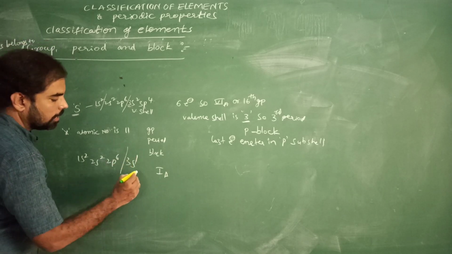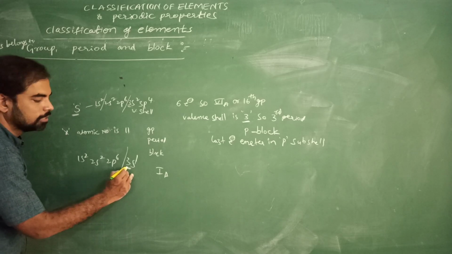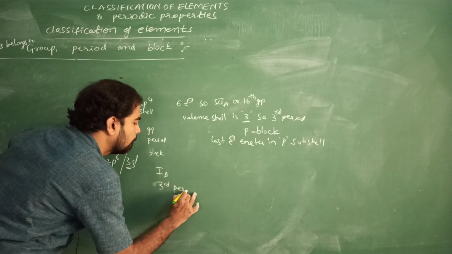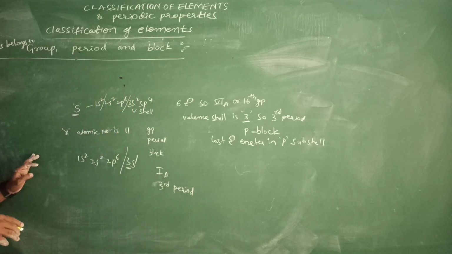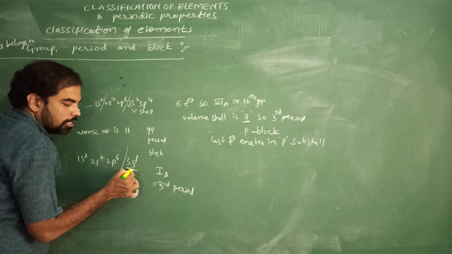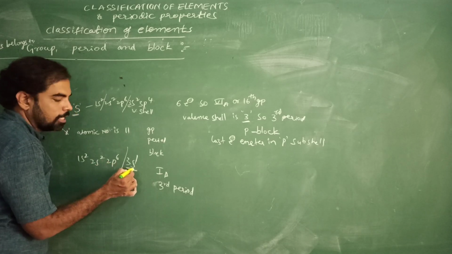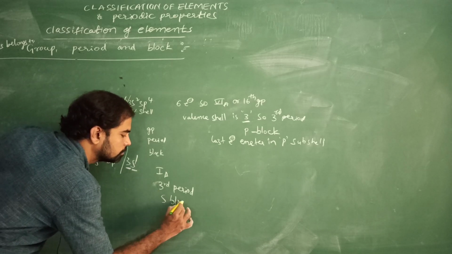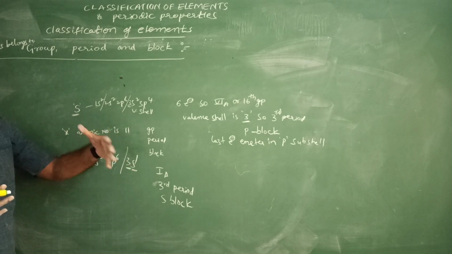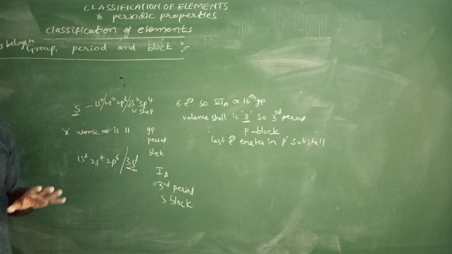Here the valence shell is the third, so third period. And which block does sodium belong to? See, the differentiating electron enters the 3s subshell, that means S block. So by writing the electronic configuration, we can easily find the group number, period number and block.